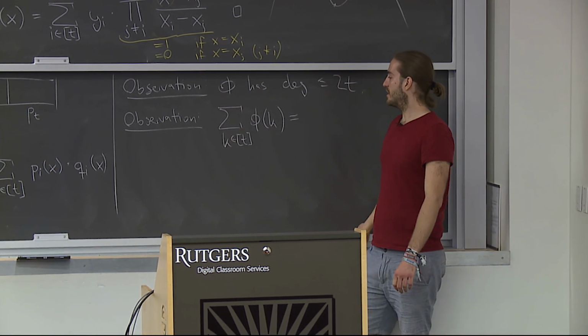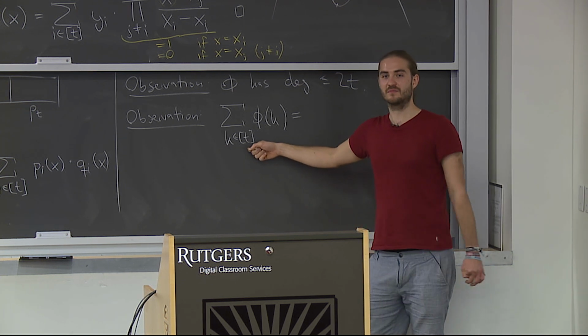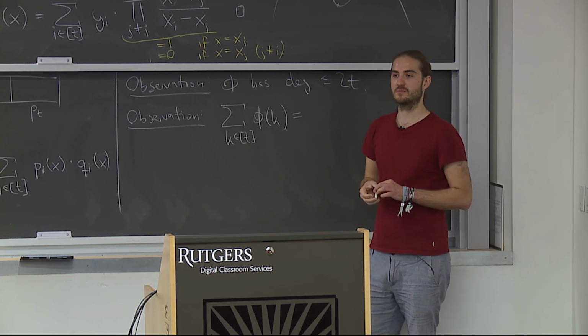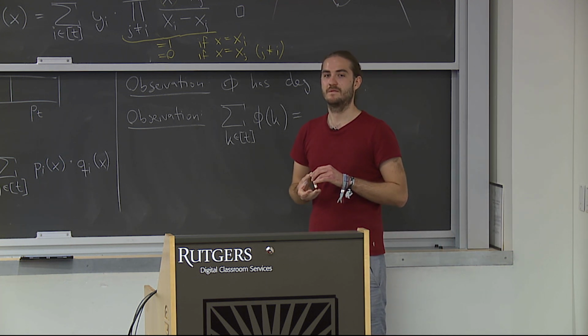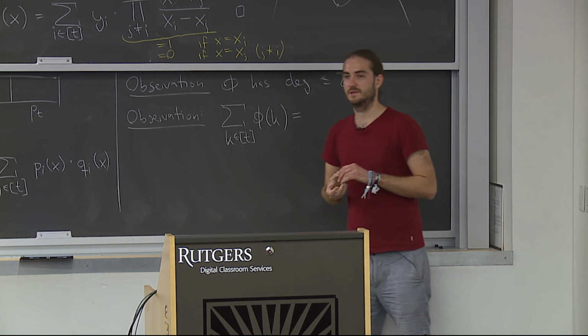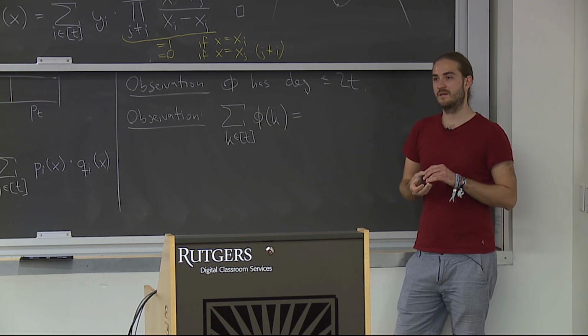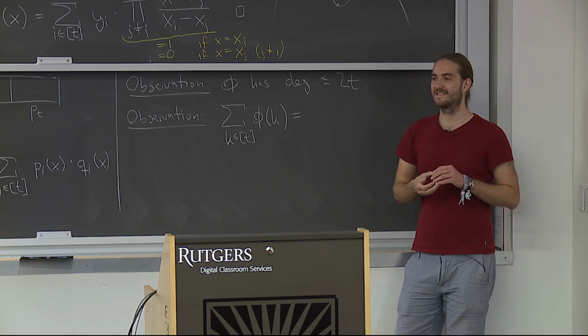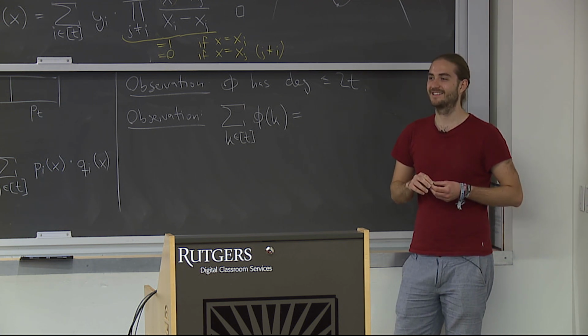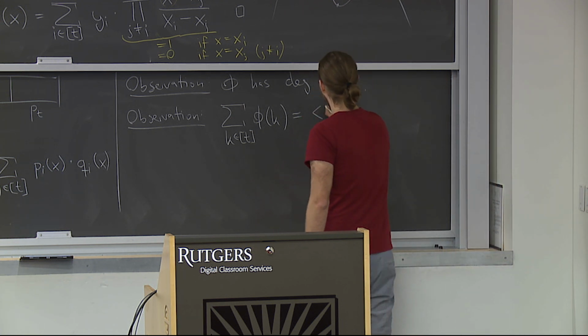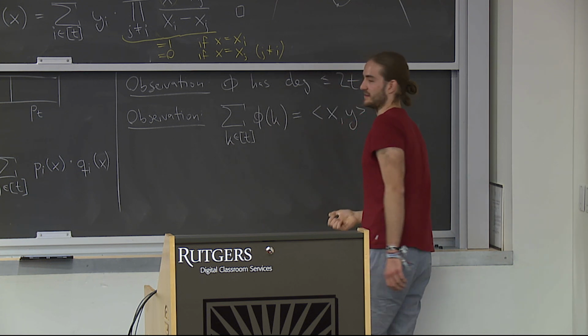I sum up over all elements 1 to t the values of that polynomial at these points. Good. AKA, how would you call that? I mean, just the inner product. The inner product. Exactly.